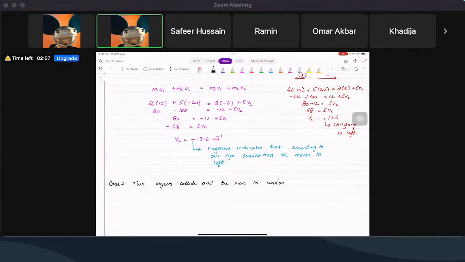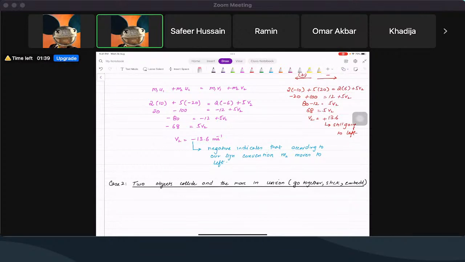Unison means the words they're going to use, basically the keywords, go together, stick, embed. These are the words they're going to use. So the moment you know that they've used this word, it means this is case 2 and you should remember this. Okay.